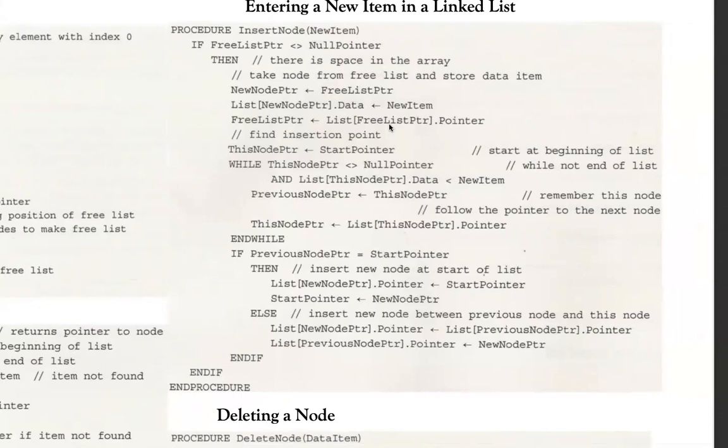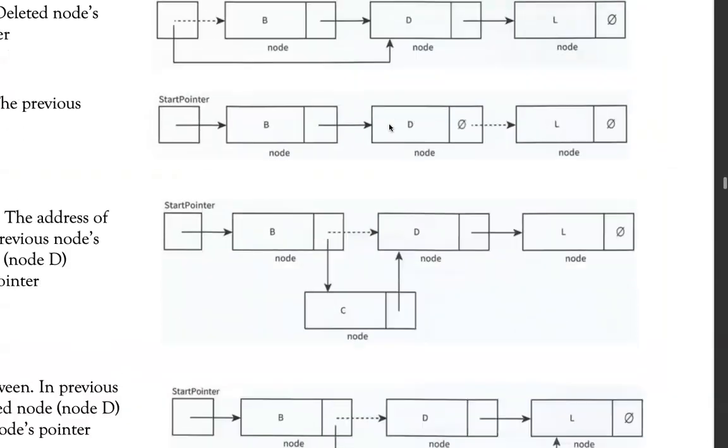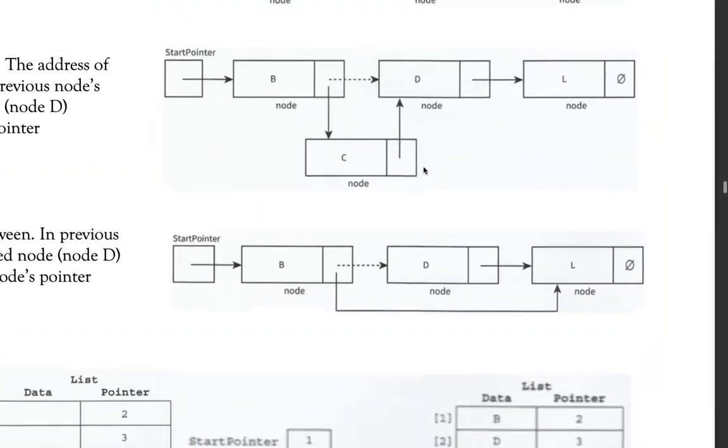Okay, so the next step, we will be finding an insertion point in my linked list. Now, again, as you remember, the working of my linked list allows a node to be added anywhere amongst my existing linked list. I can add it anywhere, at the start, between, at the end, wherever it is.